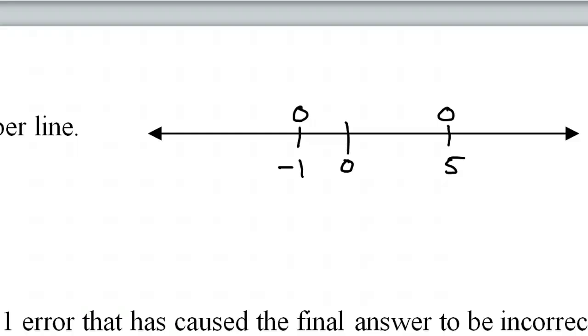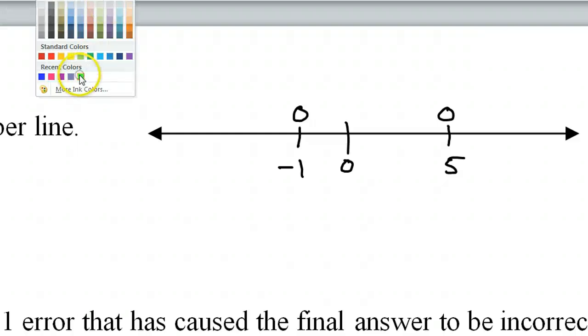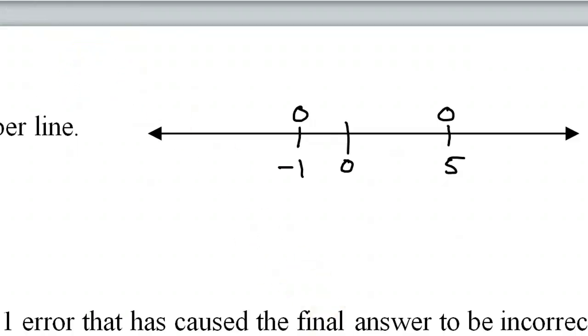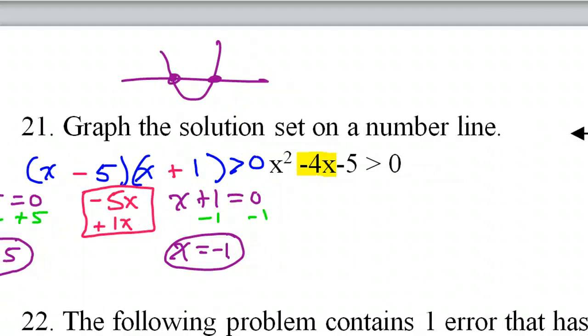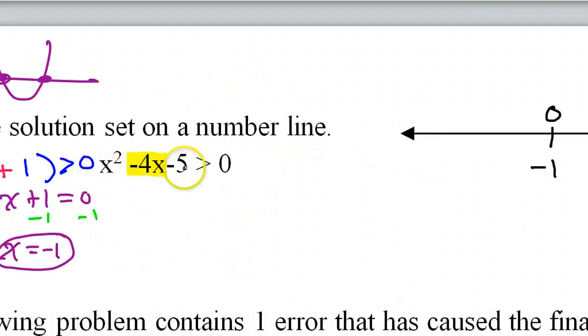The easy way is graphically. If you are at all a graphical thinker, if you're a visual thinker, then the following will be easiest for you. When you look at this, you know it is a parabola because it is quadratic. You know it's an upward facing parabola because the leading coefficient is positive.